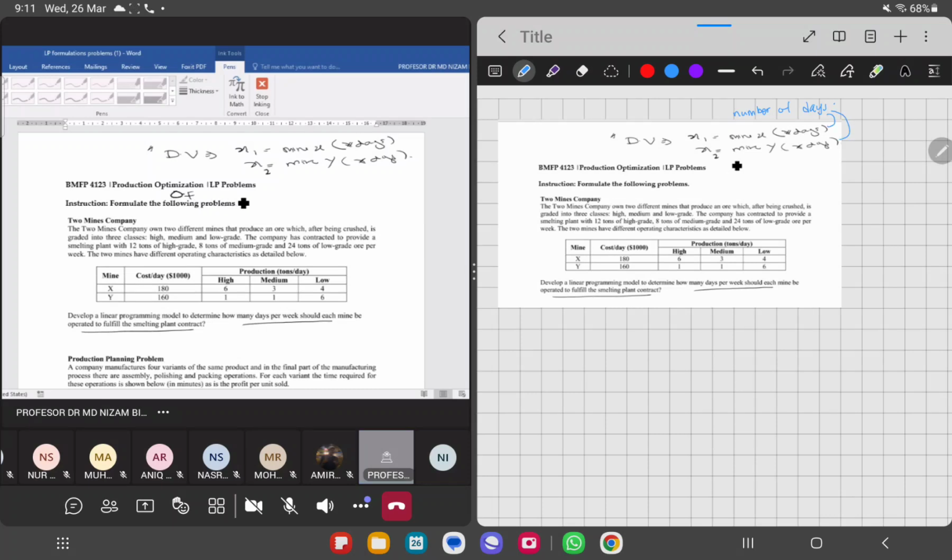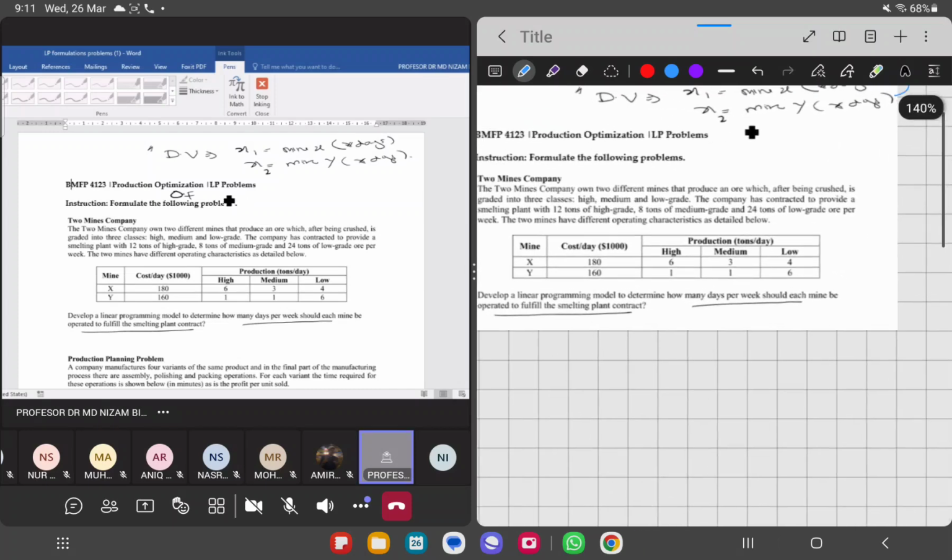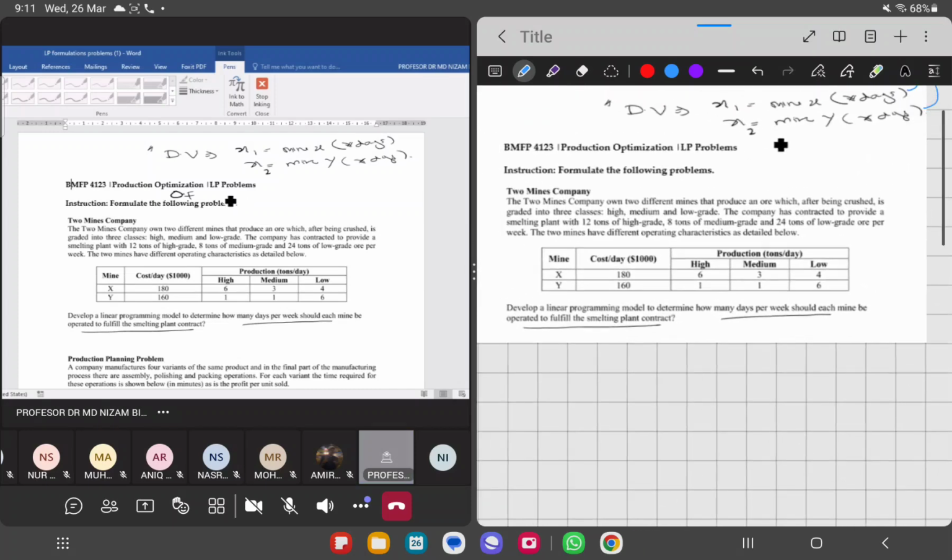What's the objective function? Anybody? Cost per day? Production? What's the objective function for this?